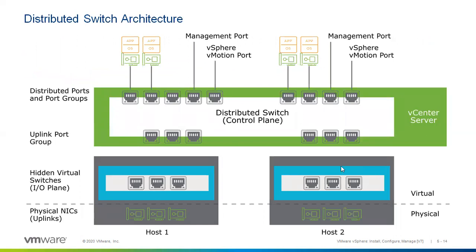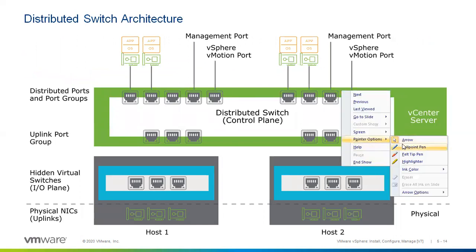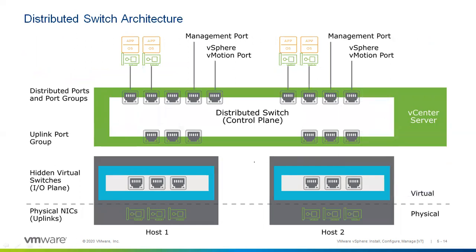Well, this is the diagram of DVS where you could see the difference between a standard virtual switch and a distributed virtual switch. What it is trying to tell you, we have created the DVS at the vCenter server level. That DVS will create a hidden virtual switch in each ESXi host. In this example, we are taking 3 DV uplink ports.